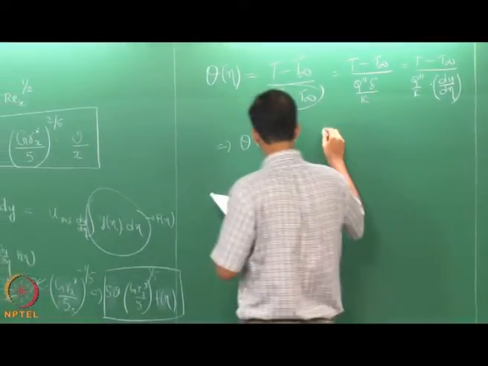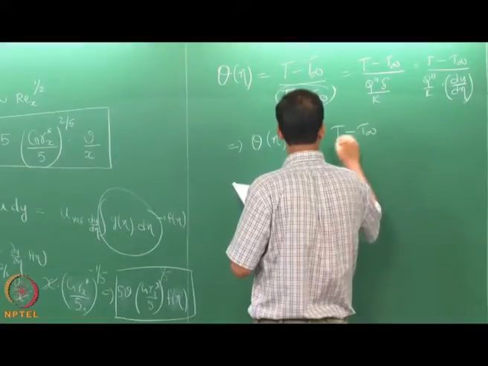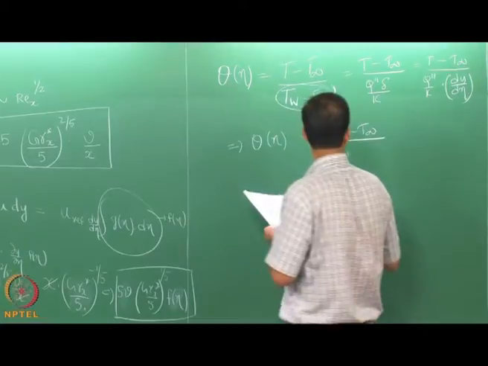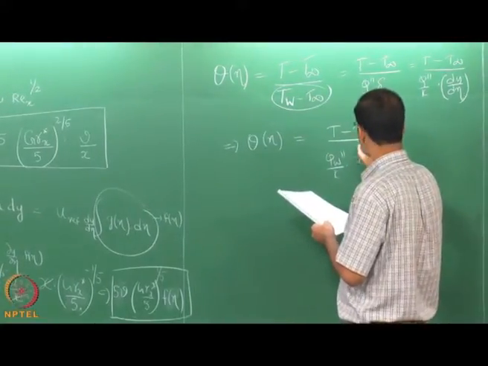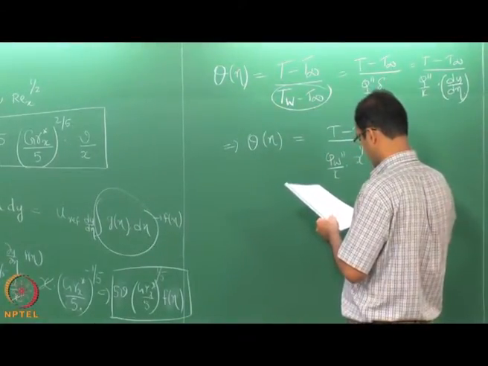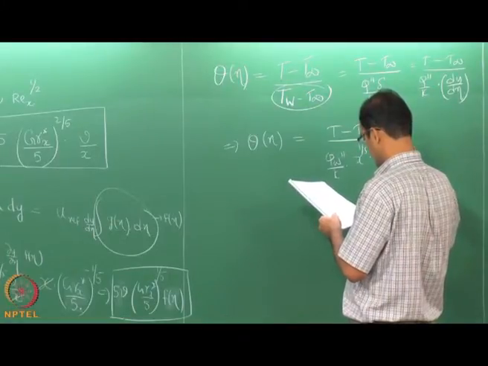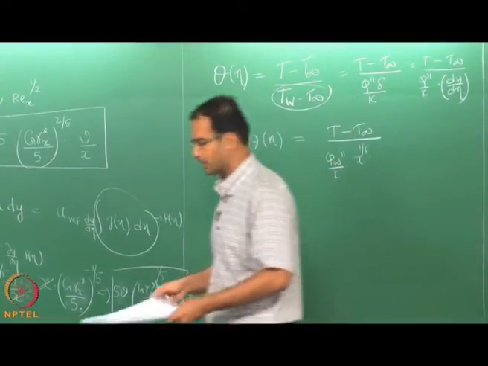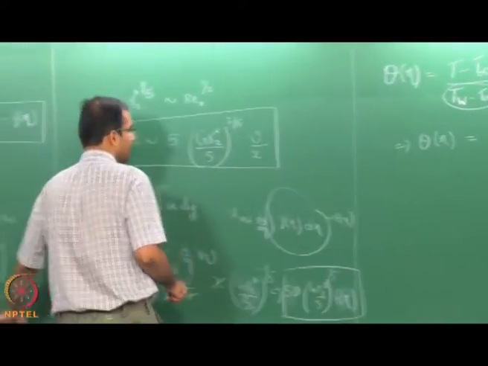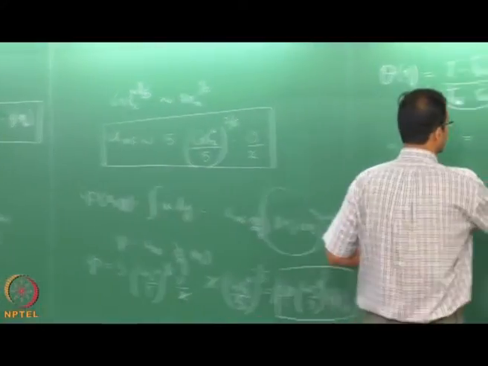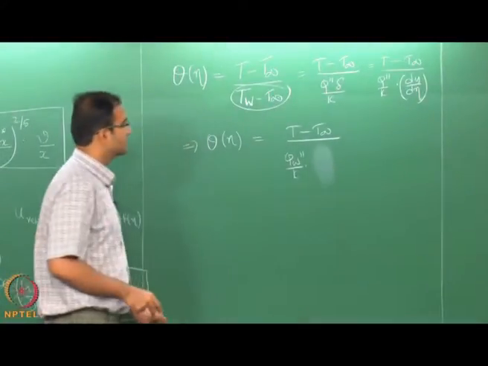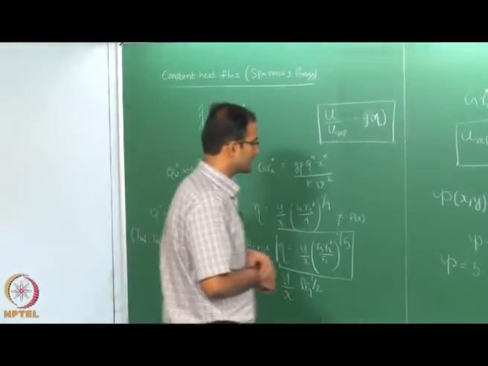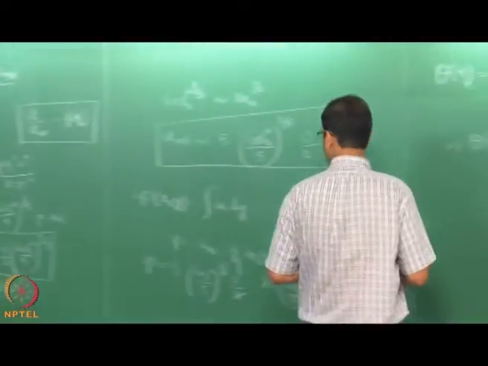So this will come out to be T minus T infinity by q wall by k into x to the power 1 by 5. Okay. So, just check the transformation whether you can write it in terms of dy by d eta and tell me. So, rather than writing it out separately like this, I will ask you to substitute directly in terms of Grashof number. So, what is dy by d eta in terms of Grashof number?